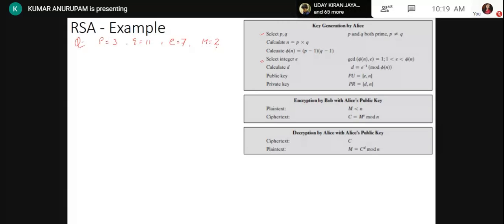Now, you must be having this question: if it is numeric, we can do it, but what about when it is in text? That's a valid question. How to encrypt something which is given in text? Nothing, you just have to take the place value of it. For example, if I want to encrypt cat, first I have to encrypt c, then a, then t.